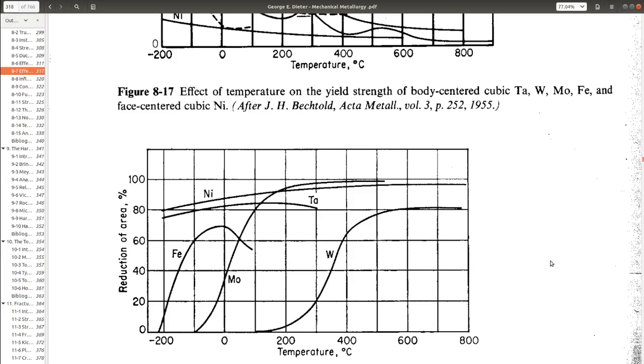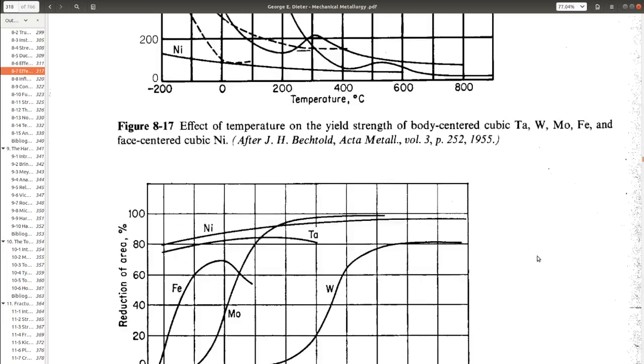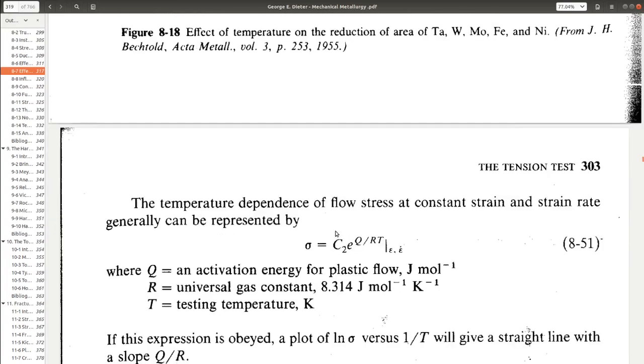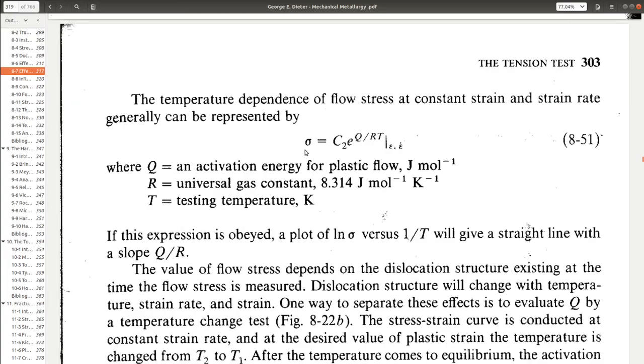Okay, so now how can I write in an equation form what is the effect of temperature on stress? Okay, that's what we're going to see. And from this curve, as I mentioned earlier, it shows something like an exponential decay. So people have come up with a relation, which is this relation.